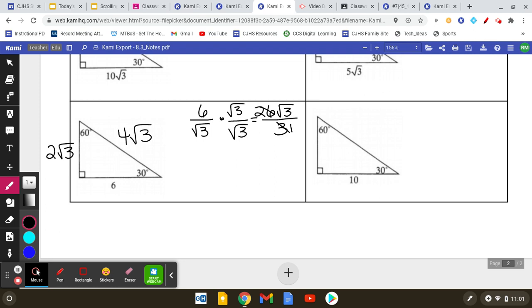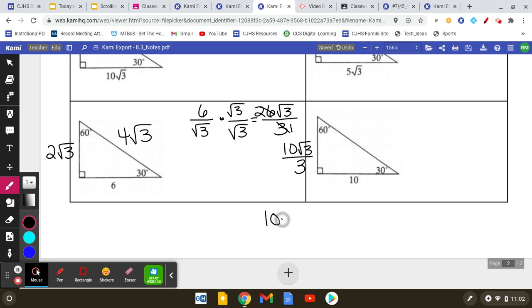Yeah. Okay, so what did we get for the short leg? Perfect. You should get 10 times the square root of 3 over 3. Now we need to multiply it by 2. You multiply both or just the one? 20. So this is what it would look like.